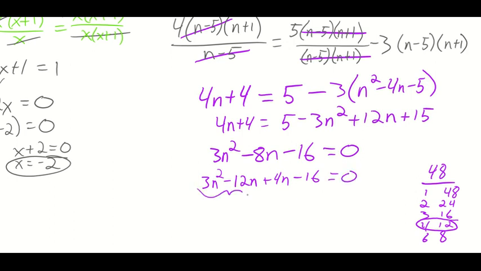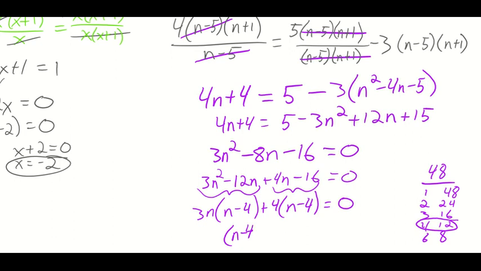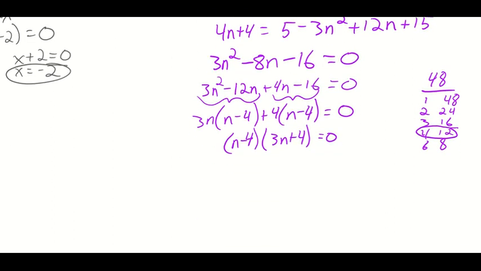So we can factor by grouping. So this group, we can factor out 3n. We're left with n minus 4. This group, we can factor out 4, and we're left with n minus 4. So this factors to n minus 4 multiplied by 3n plus 4. By the zero product property, we set each equal to 0 and solve for n.